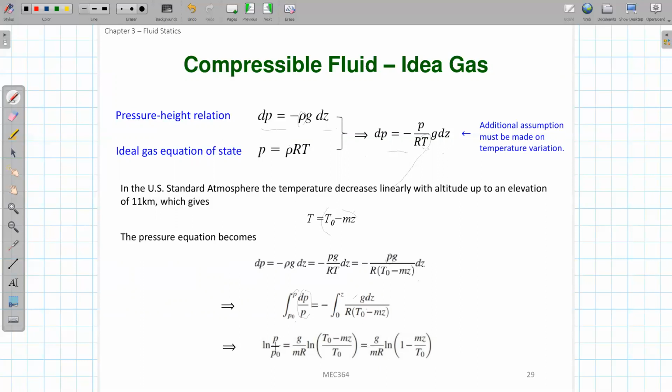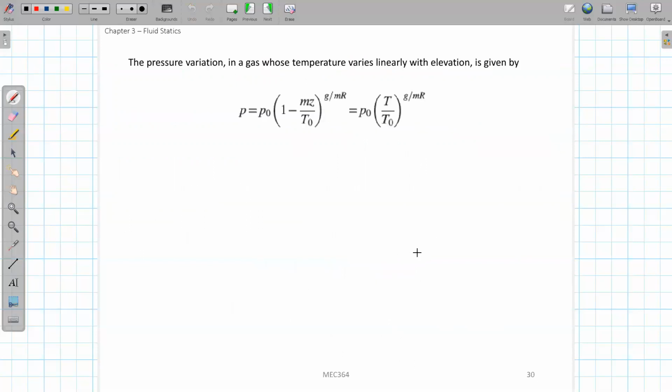ln of P over P0 will be equal to g divided by mR, where R is the gas constant and m is the linear slope of the temperature with respect to Z, times ln of 1 minus mz divided by T0. So this is the result we get. Further, if you change this ln into the exponential, your final result is this one.